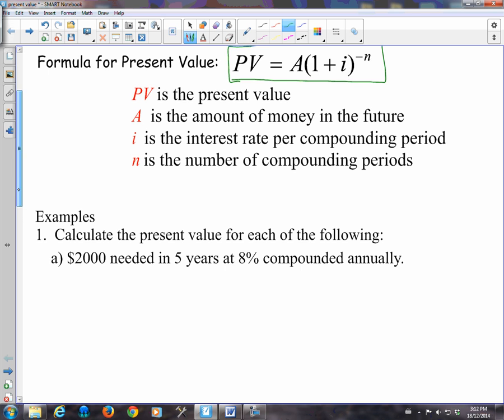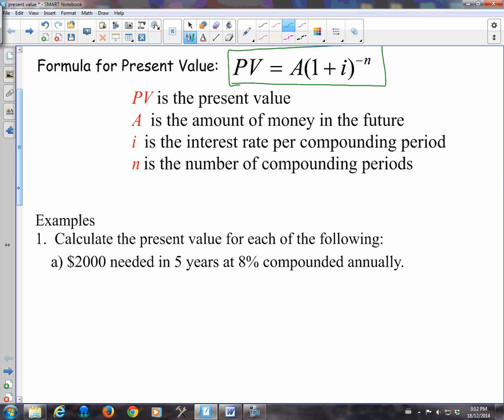So if we look at an example, we're going to think of our present value, (1 + i) to the negative n. Calculate the present value for each of the following. We need $2,000 in 5 years. So the amount in the future is $2,000. That's our A value.